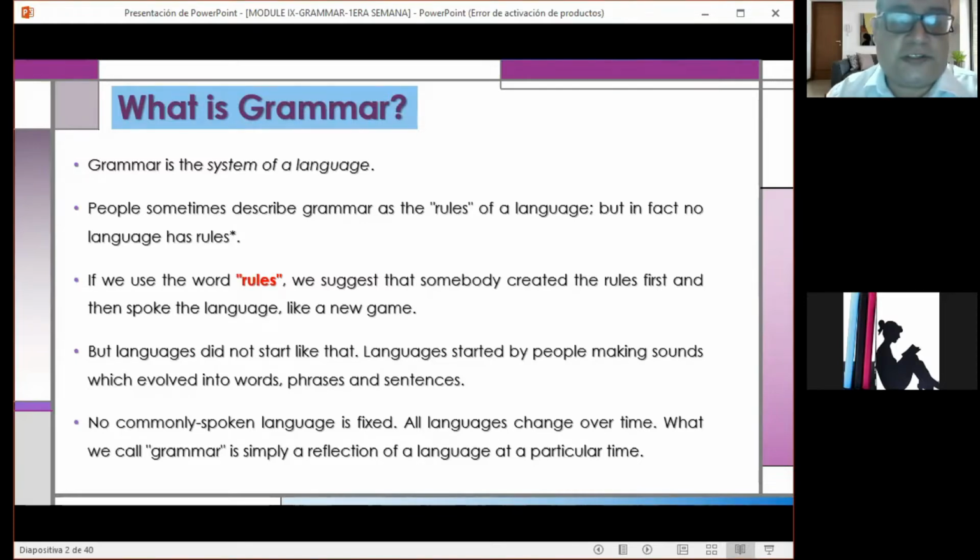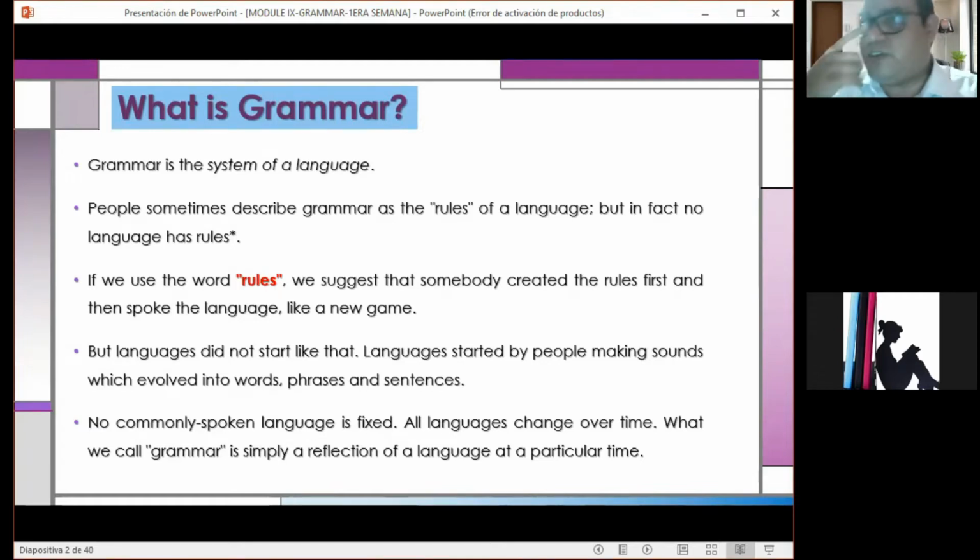The first one is early English, then Middle English, and nowadays we are talking about contemporary English. At the beginning of English, the language was so different from what we know now. Then we pass to Middle English.